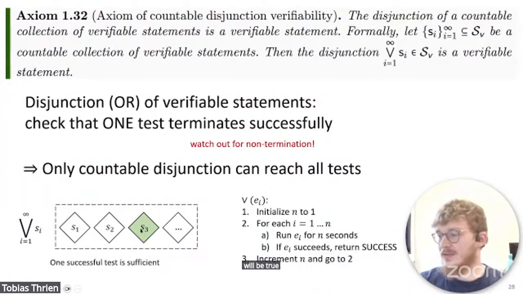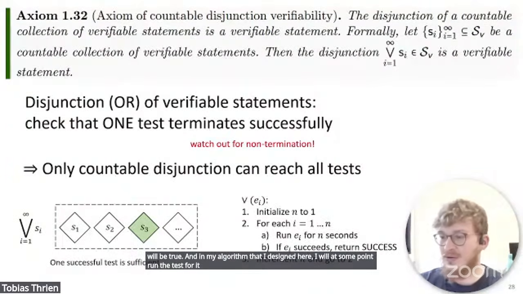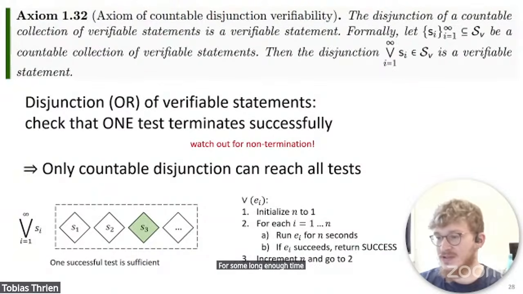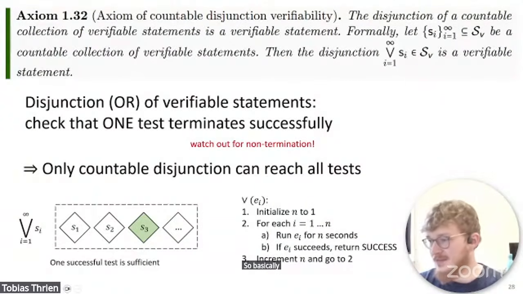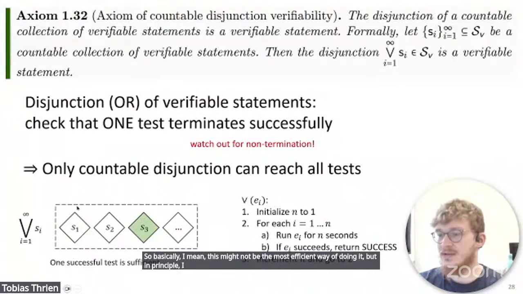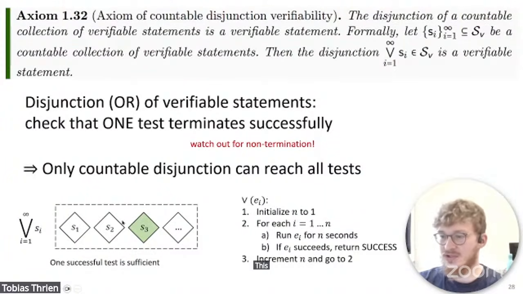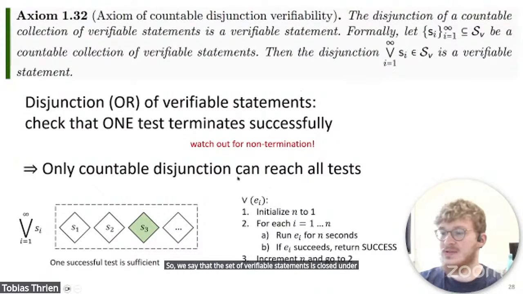And in my algorithm, I will at some point run the test for it for long enough for it to succeed, because it will succeed in finite time. This might not be the most efficient way of doing it, but in principle, I can test this countable disjunction of these statements. So we say that the set of verifiable statements is closed under countable disjunction.